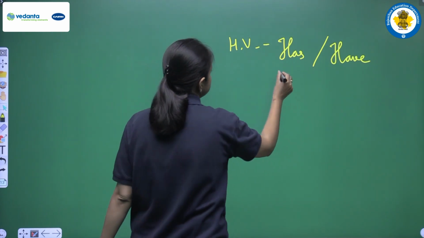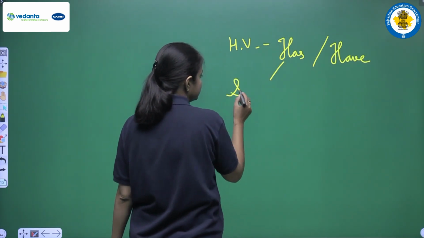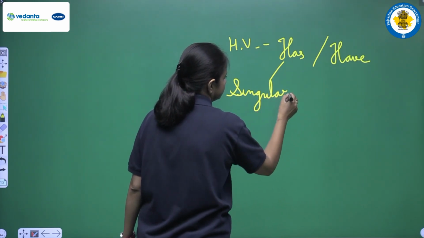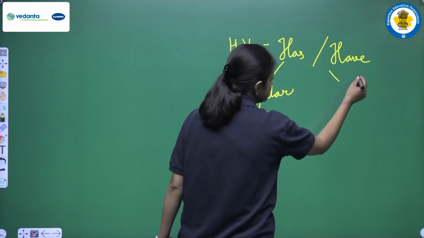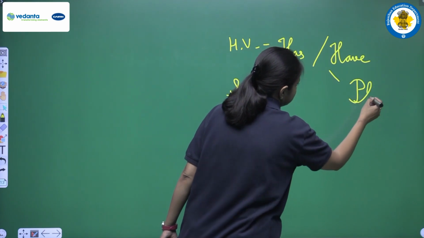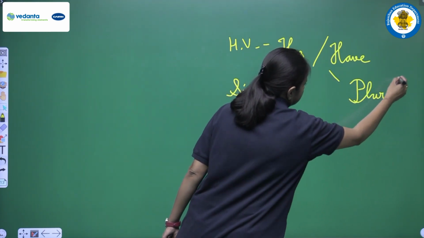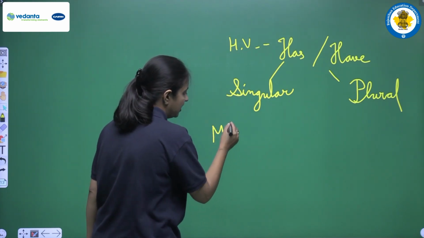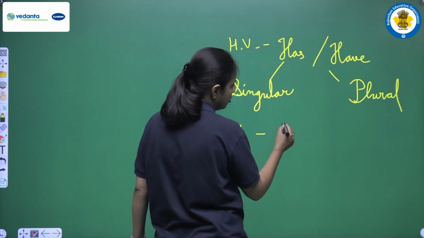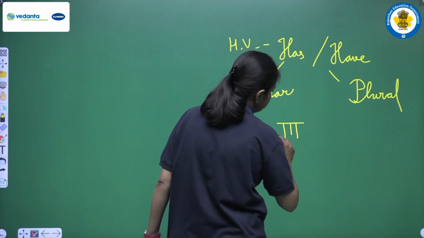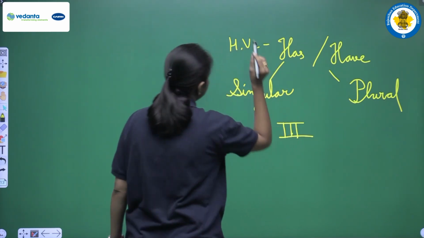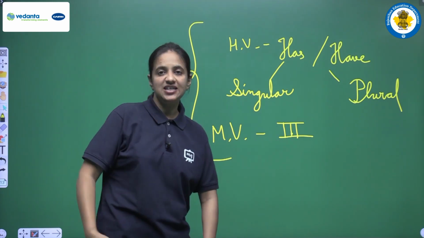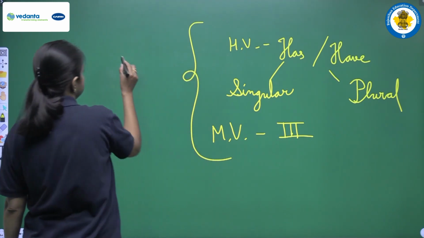So has is for singular subjects, and have we always use for plural subjects. And if we are talking about the main verb, then in present perfect tense we always use the third form of the main verb.